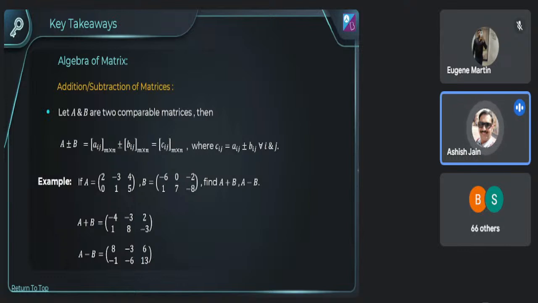So first I'll check the dimension. The dimension of matrix A is what? What is the dimension of matrix A? Anybody can tell me what is the dimension or order of matrix A here? Yes, please. What is the order of matrix A?